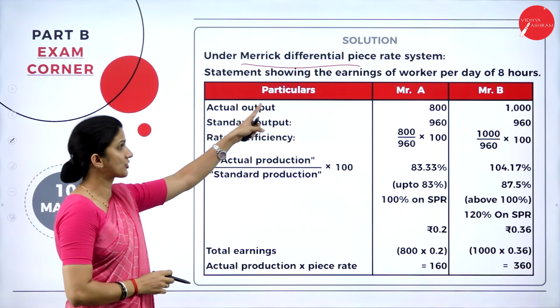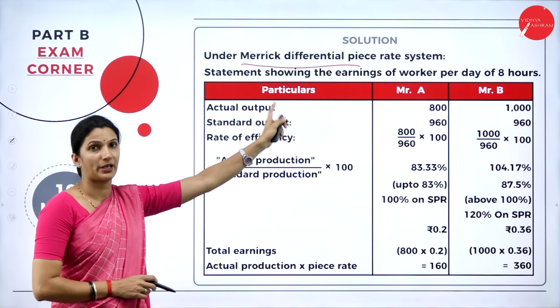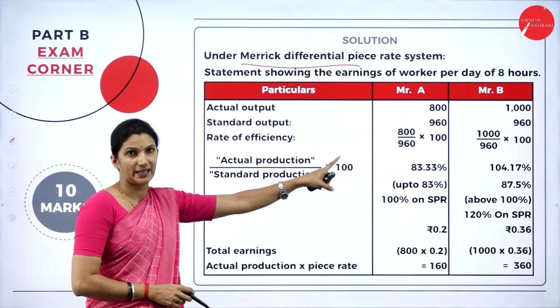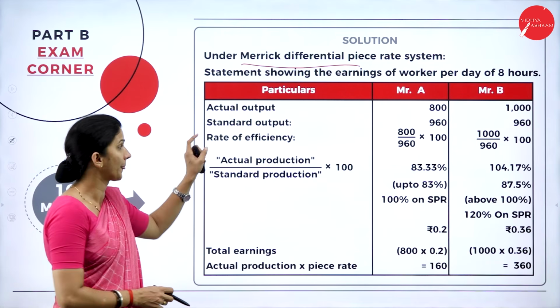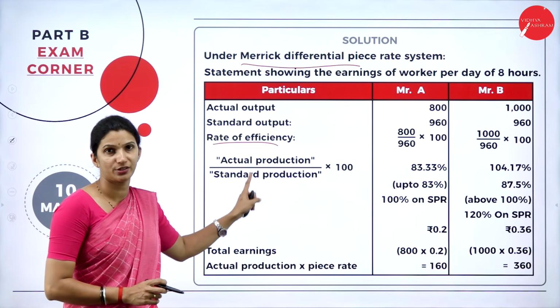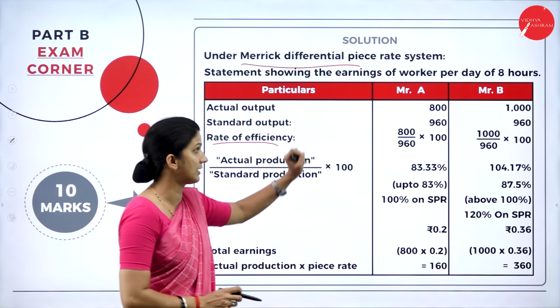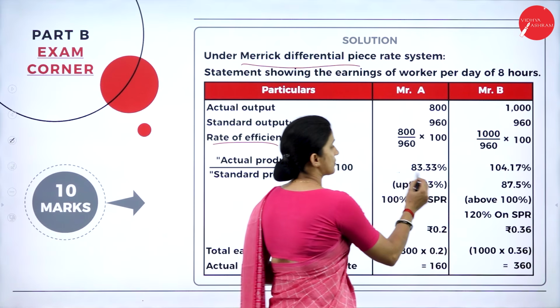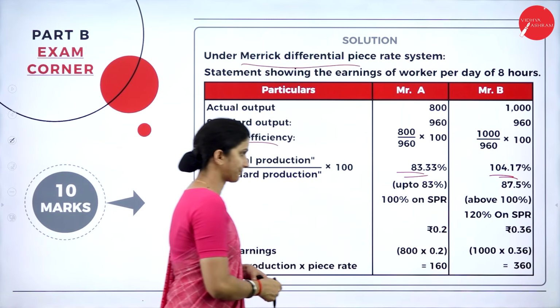First the actual output is 800 for A and 1000 units for B. Then the standard output is also the same, 960 for both workers. Then the rate of efficiency is actual production divided by standard production into 100, so 800 divided by 960 into 100. You will get the same.